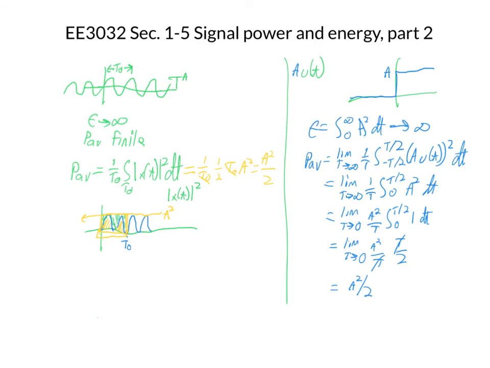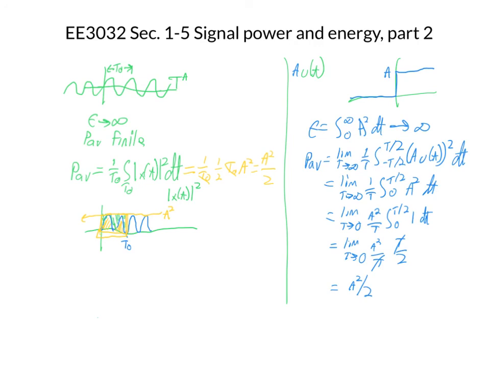Now, it turns out that if I delay the unit step by any positive or negative finite amount of time, and I go through the integral, the analysis will be just a little more involved, but I will get out the same value, A squared over 2 for the power, when I take that limit as time goes to infinity.